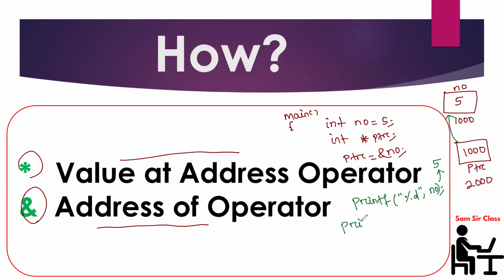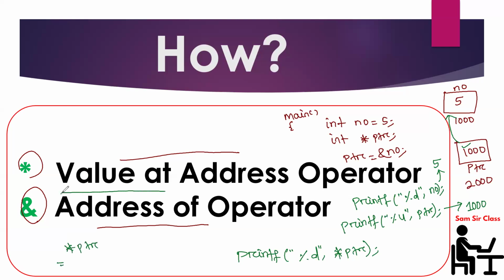If I am writing printf percentage u ptr, that means whatever is present inside ptr is going to be printed, and it will give you the output 1000, because ptr keeps 1000. But here comes the use of star. If I am writing printf percentage d star ptr, now what is star ptr?